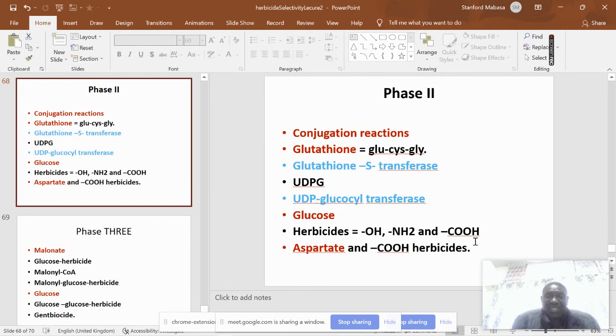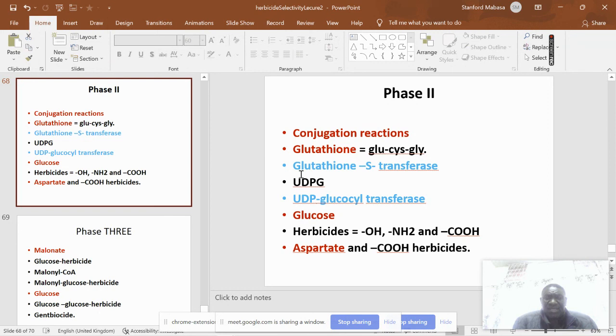Then conjugation reactions. Here I am going to lift a red flag, right? Where we have glutathione, which is glutamate joined to cysteine joined to glycine, which has an SH component.